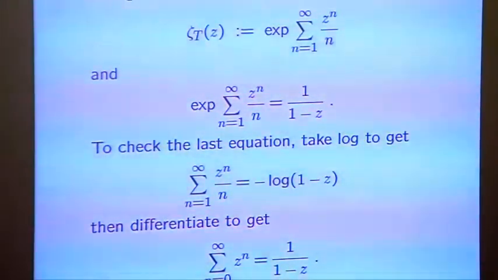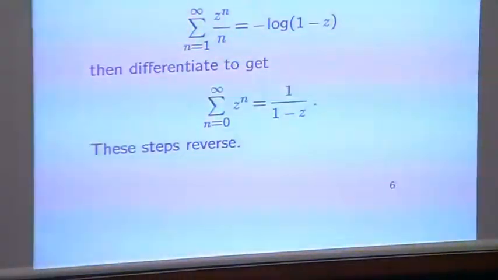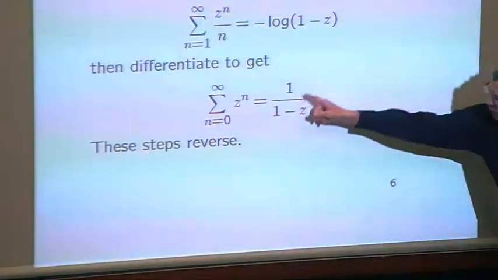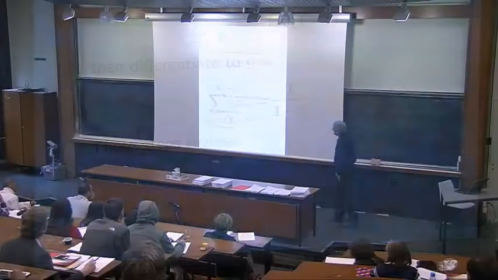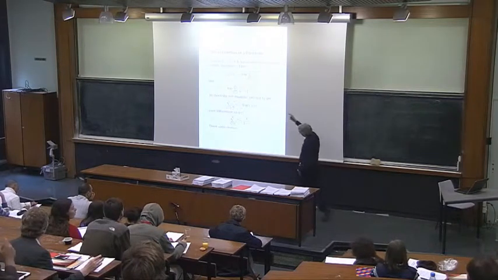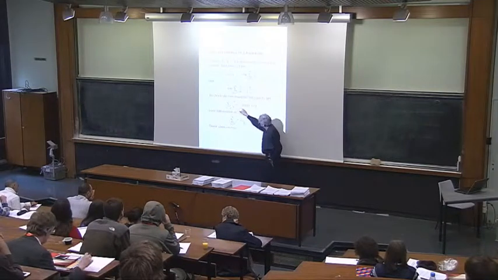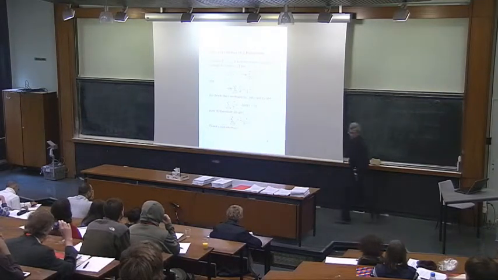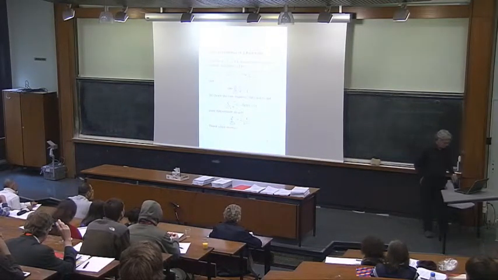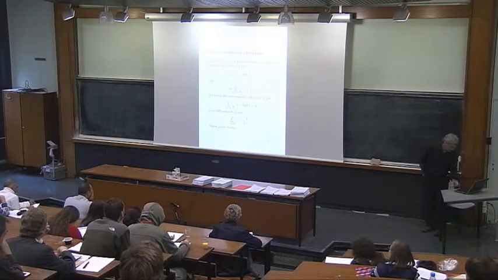And then we can differentiate, and we get the geometric series on the left. And sure enough, on the right side we get 1 over 1 minus z. So now we can reverse these steps, and the anti-differentiation is fine here because when z is 0, both sides are 0. Okay, so that's the elementary computation for a fixed point.